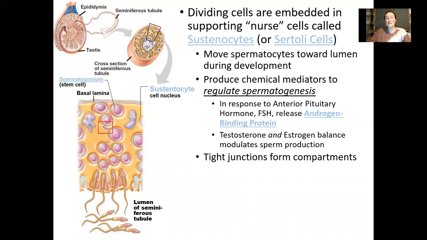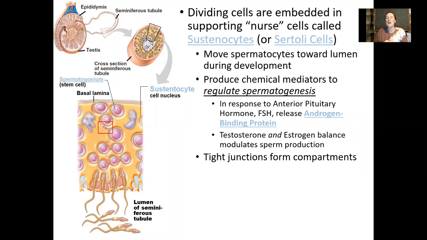Furthermore, these cystenocytes are joined together by tight junctions. If you remember, there are a couple different ways that cells can be held together. Some of them connect the cytoplasms and make multiple cells into one big unit, kind of like in the heart. Other junctions keep the cells from tearing apart, even though there's a lot of movement. So for example, in the digestive system, those epithelial cells are held together really tightly by different junctions to make sure that they don't tear apart and allow partially digested food into your gut.